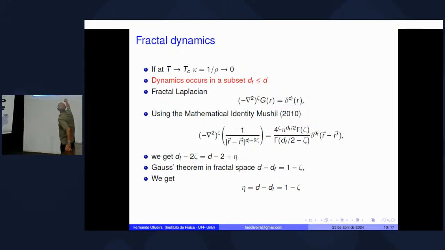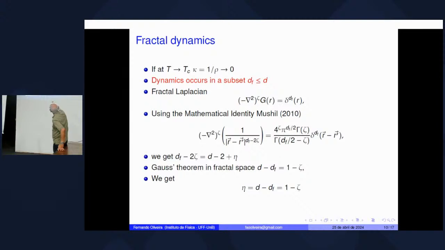And in 2010 he showed that this fractional Laplacian applied to this number here will give you a fractional delta function. Forget this constant here, not important for us. So we have a Laplacian with a fractional derivative that gives you a delta function with fractional dimension df.